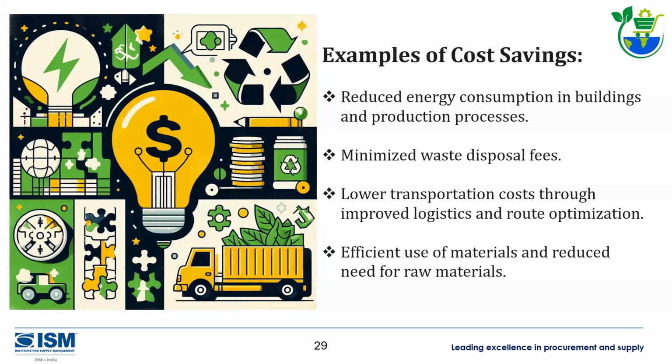If you remember, a few minutes back I shared the example of minimized waste disposal fees at IKEA. IKEA focuses on designing furniture that can be flat packed, which will reduce packaging waste, which will lower the waste disposal fee.